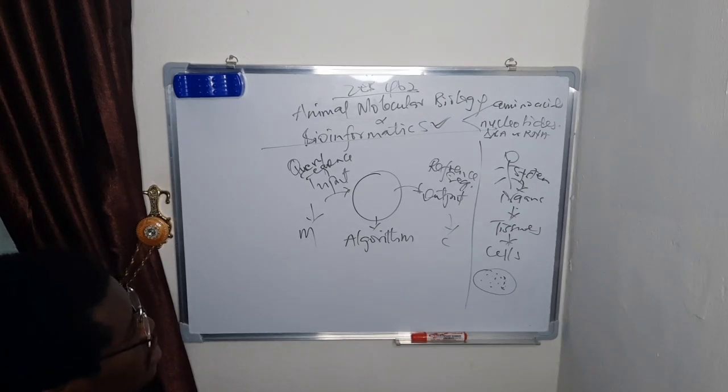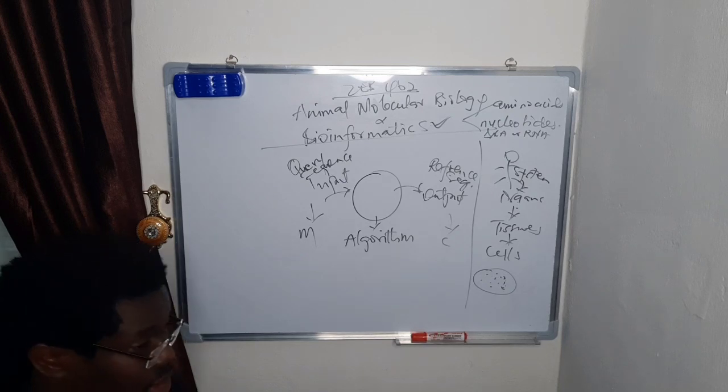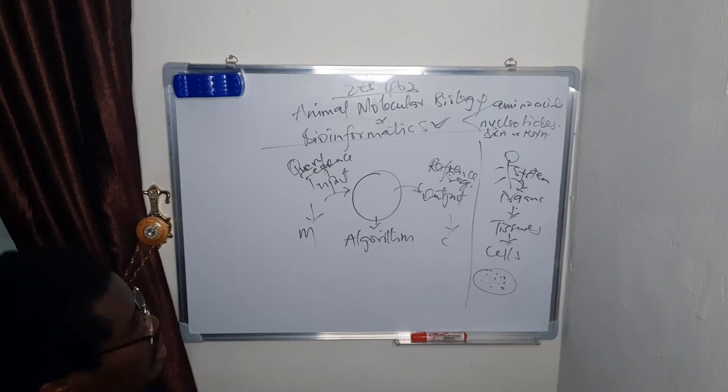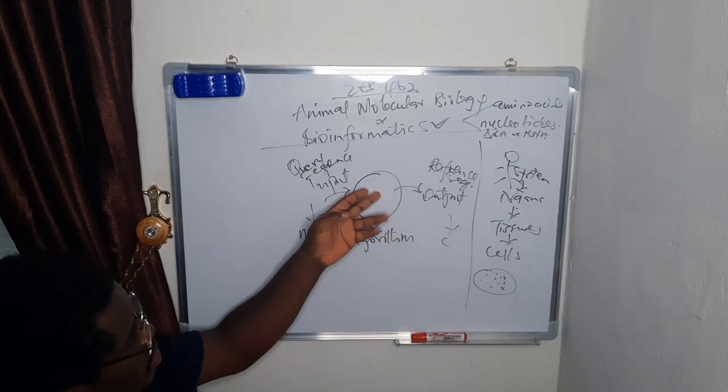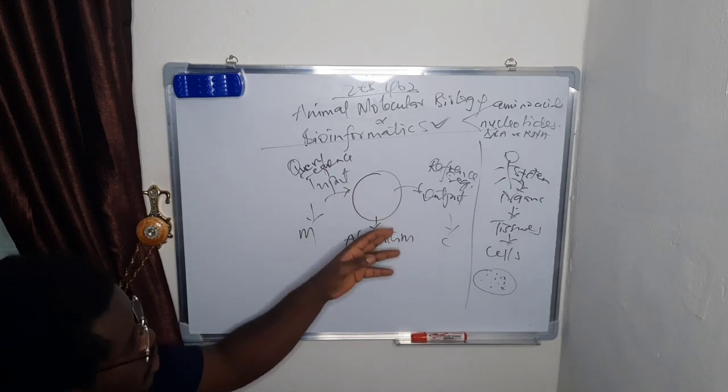That's exactly what we'll be looking at as regards bioinformatics, whereby you perform some experiments in the lab, isolate some DNA particles or amino acids, and put them in a database that has a certain algorithm.